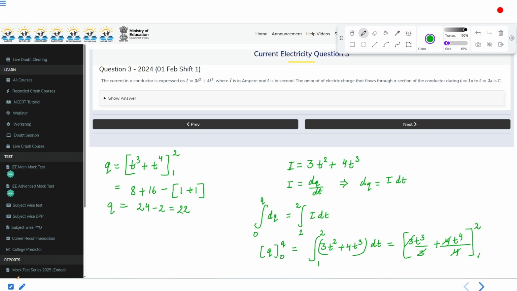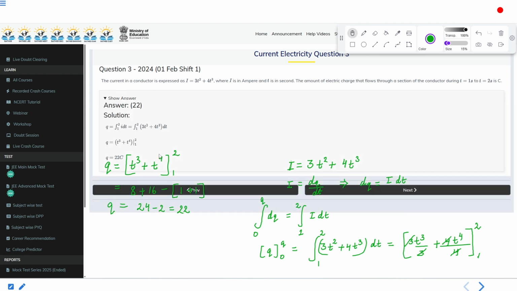So that is the total amount of charge that has flown through the cross section of a conductor during time 1 second to time 2 second. Okay, so let's see the answer. So it is 22. Got it?